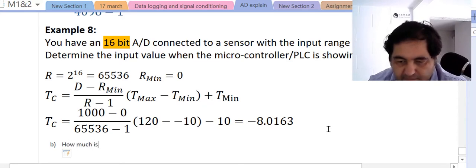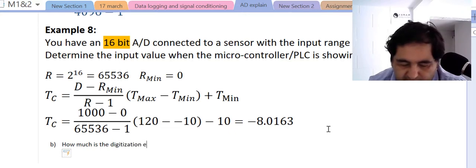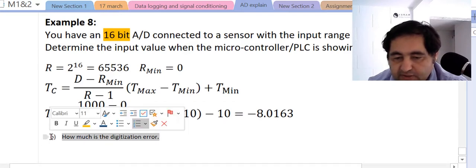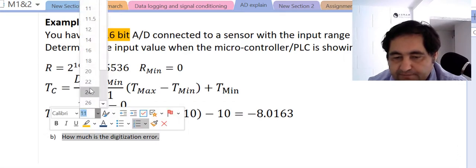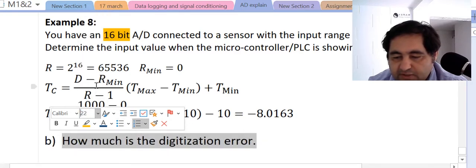How much is the error? We can say the digitization error, because you may have other errors, but this error is caused because we are making this digitized.